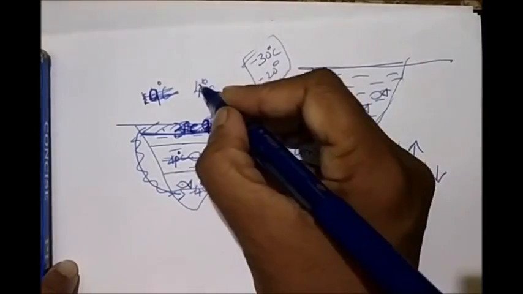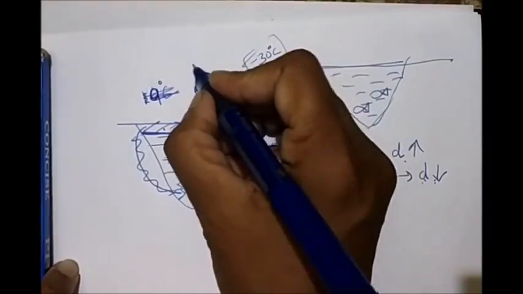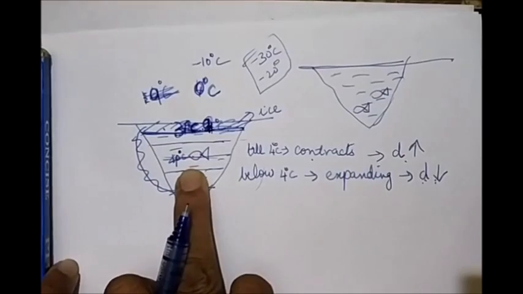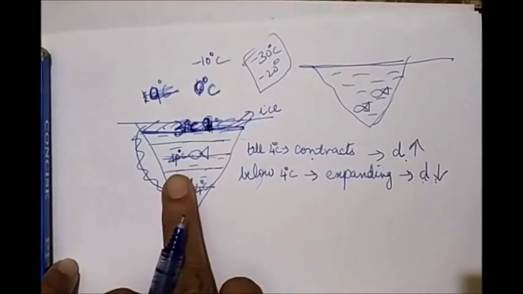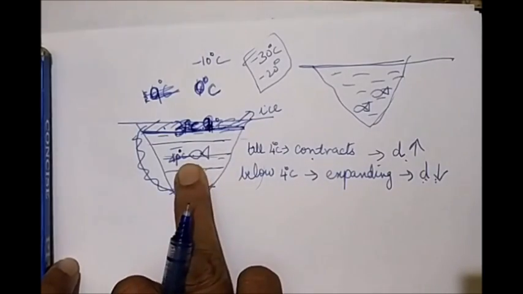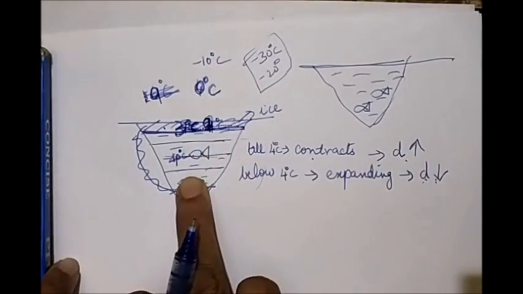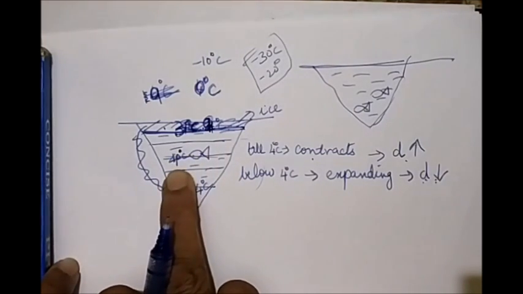Now, compared to the outside atmosphere, maybe 0 degrees or minus 10 degrees Celsius, water inside is at a higher temperature. 4 degrees Celsius is higher than minus 10 degrees Celsius. So what will happen? This ice will prevent the heat from going out. As a result, the water inside will remain at 4 degrees Celsius itself.